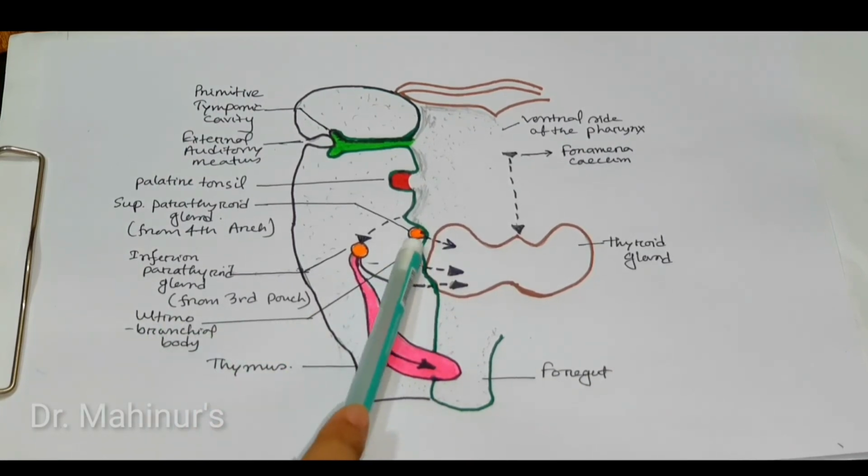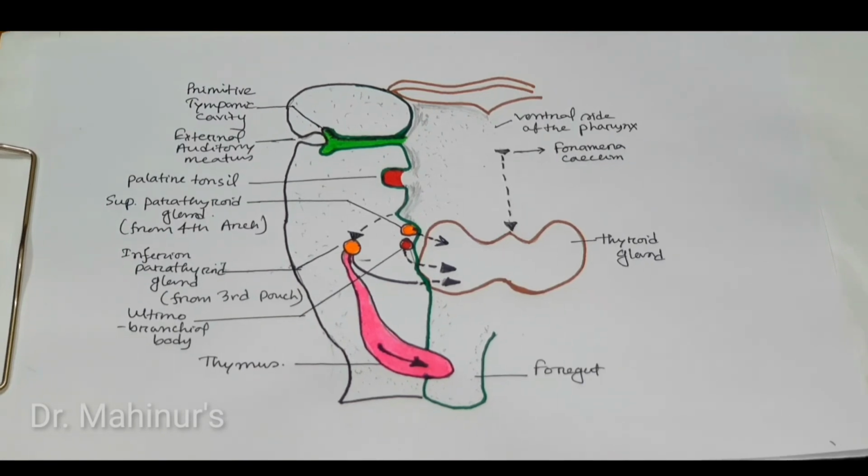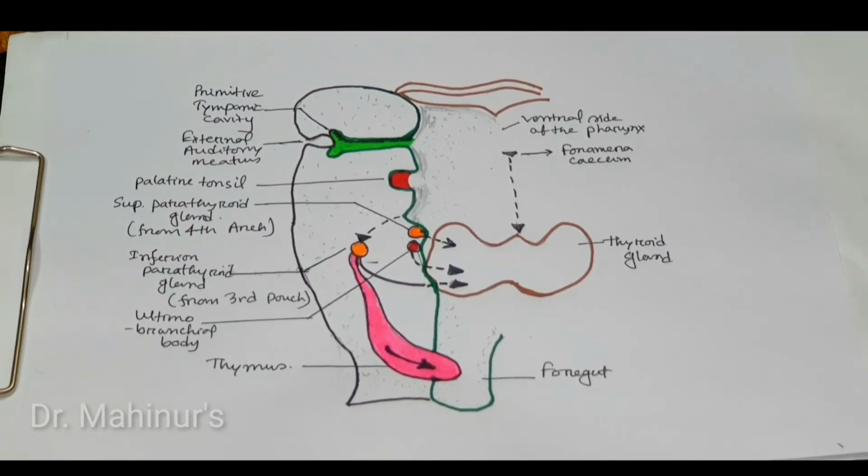It gives rise to the ultimobranchial body, which is later incorporated into the thyroid gland. Cells of ultimobranchial body give rise to the parafollicular cells or the C cells of the thyroid gland. These cells secrete calcitonin hormone, which takes part in calcium regulation in blood.